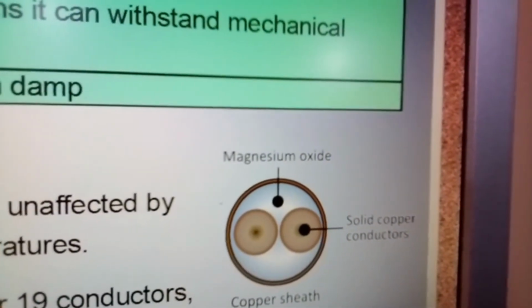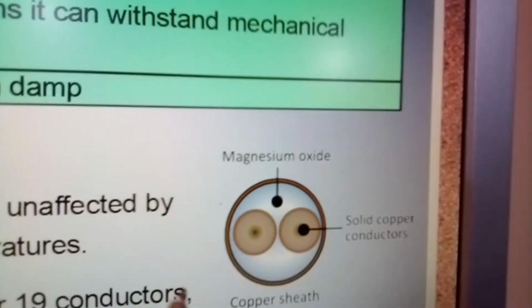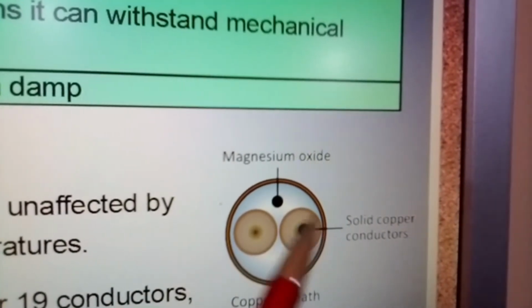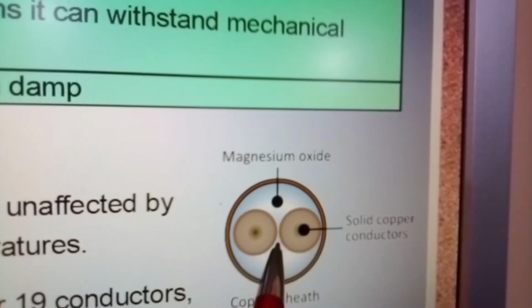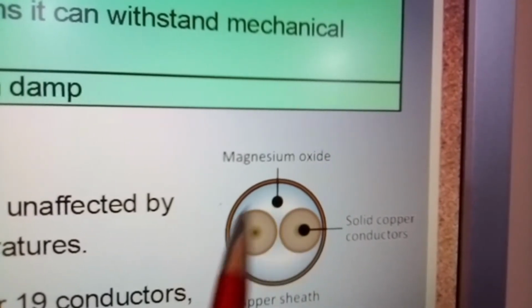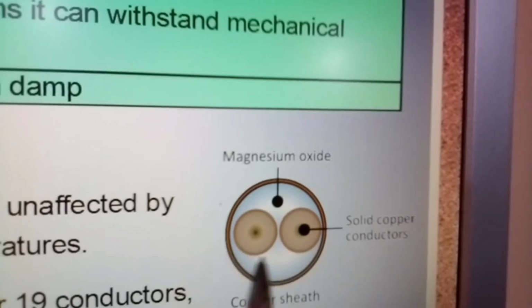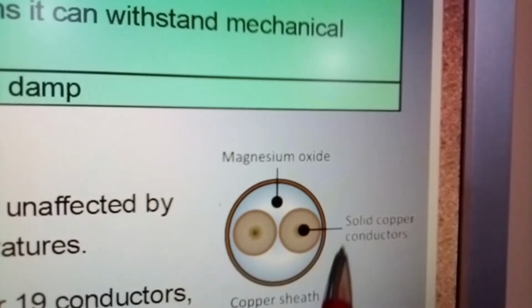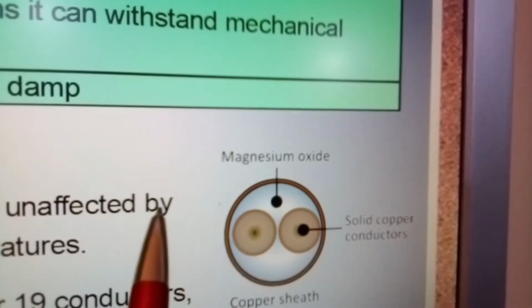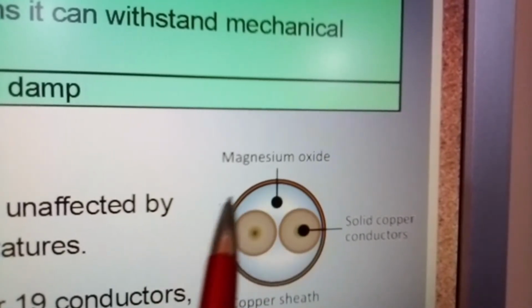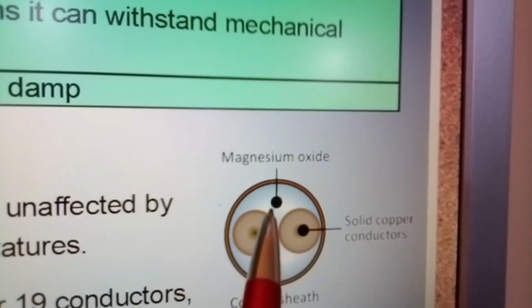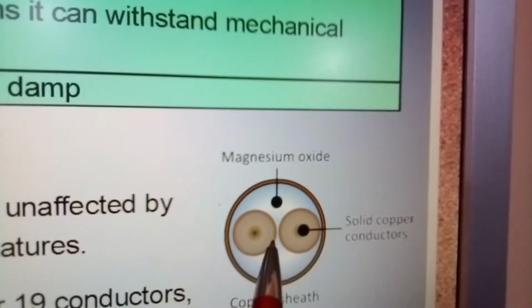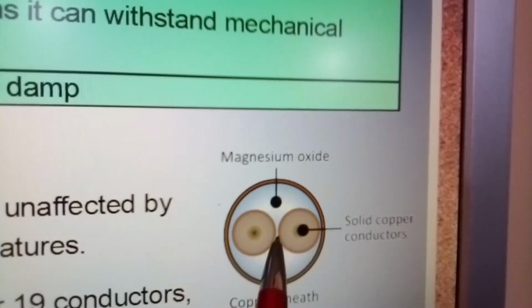Okay, so you can see here that's magnesium oxide, okay, copper sheath is the outside, solid copper conductors. Now the problem here is that when you try to connect these up, because you have to strip the outer sheathing, which is copper, sometimes little pieces of copper become wedges themselves between this gap here.